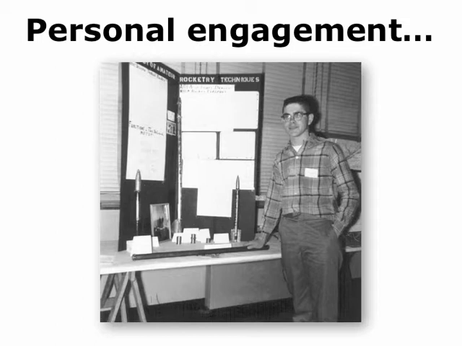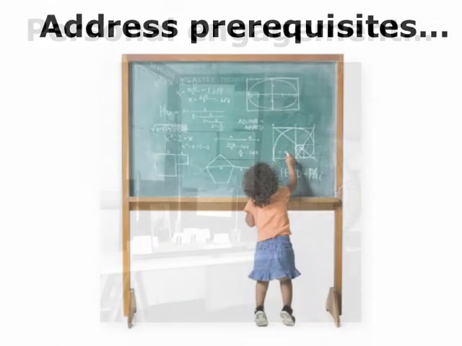And he's communicating here in this picture his science fair project that had to do with rockets, and that was obviously a choice that his teachers provided in doing a class project where he was responsible for selecting some of the overall topics or content that was going to be addressed. So setting the stage for personal engagement is a very important aspect of an effective introduction.